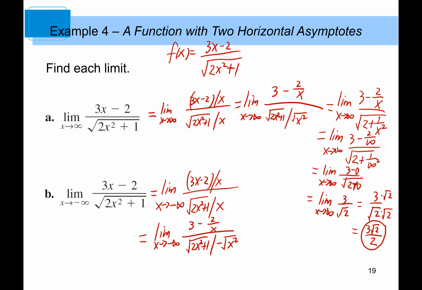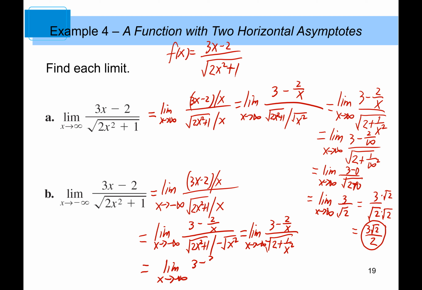Okay, then you divide it, you get the limit as x approaches negative infinity of 3 minus 2 over x, over the radical of 2 plus 1 over x squared. Then plug in negative infinity for x, right?